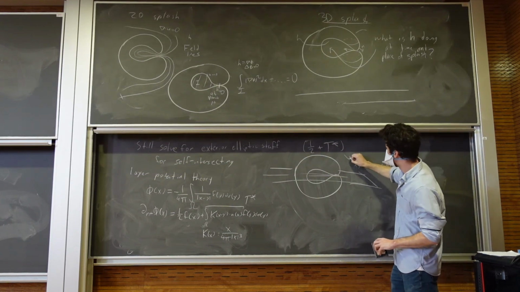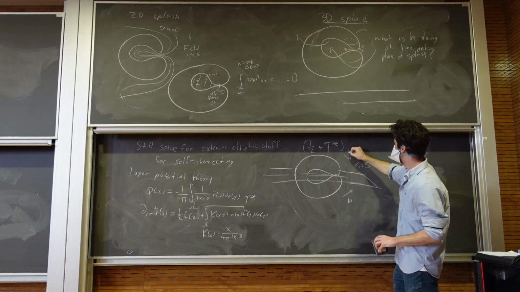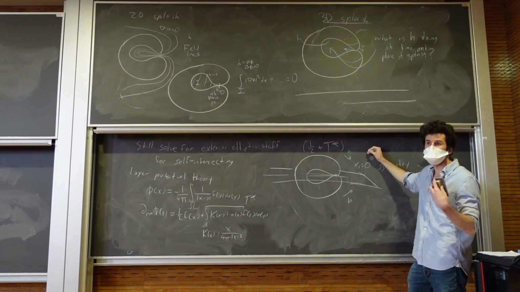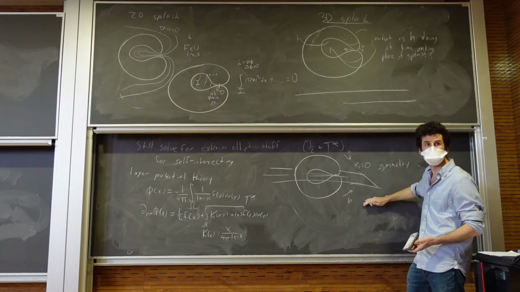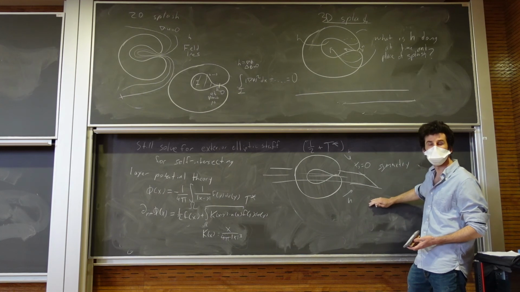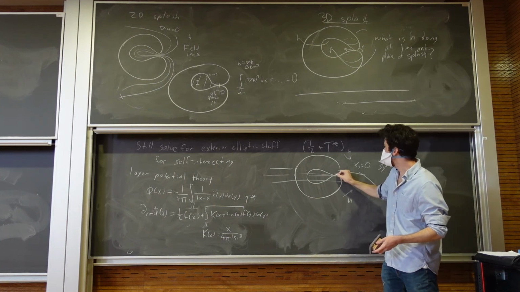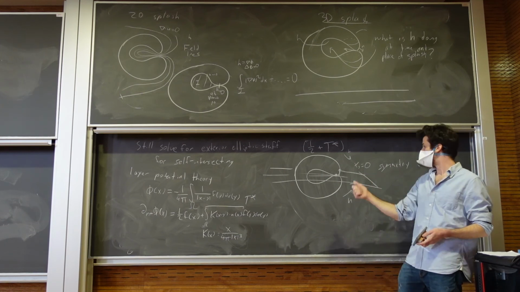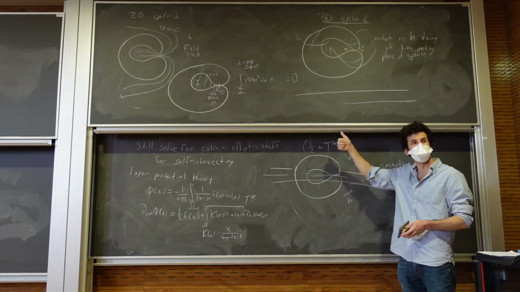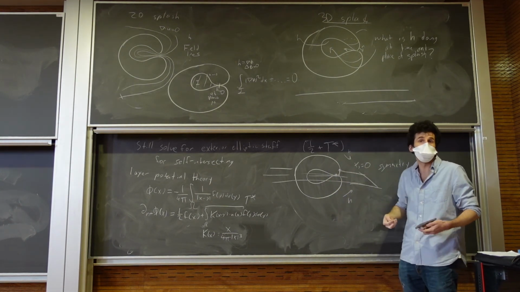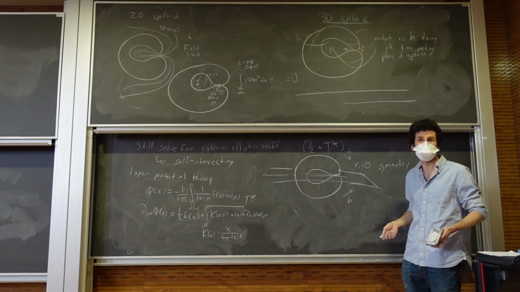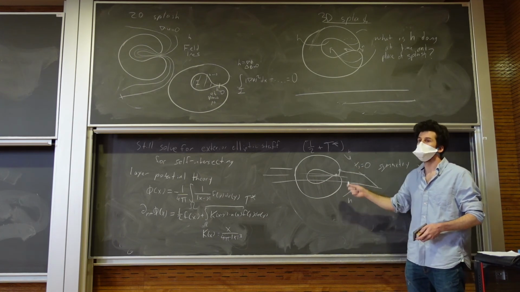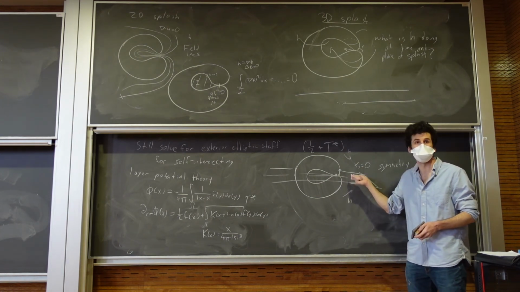So H is like going like this, up here and down here, something like this. H is equal to the gradient of phi, so it means that phi is even as I go across this x3 equals 0 plane. And so what I'm calculating at the splash point, when I calculate the normal derivative here, is the vertical derivative of an even phi. So if phi is smooth, that's kind of a big caveat, but if phi is smooth and even, then the vertical derivative on the plane has to be 0.